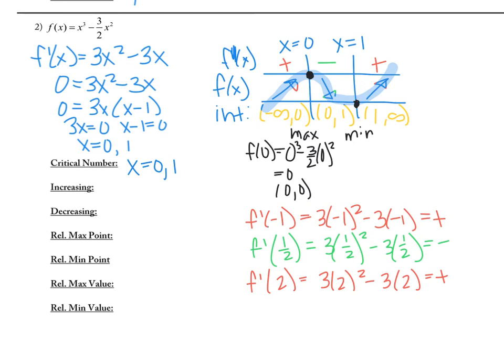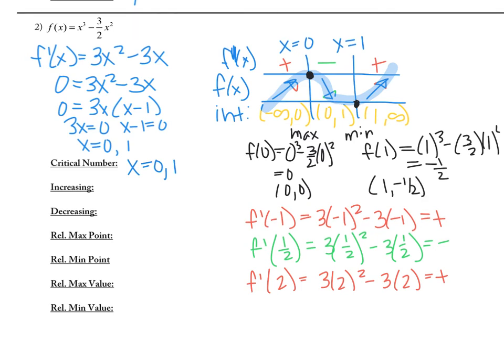Okay, then I need to take the relative minimum number and plug it into f of x. So I get 1 cubed minus 3/2 times 1 squared. So that gives me 1 minus 3/2, which is negative 1/2. So the relative minimum point occurs at 1, negative 1/2.